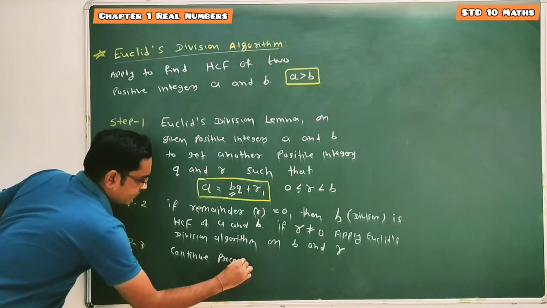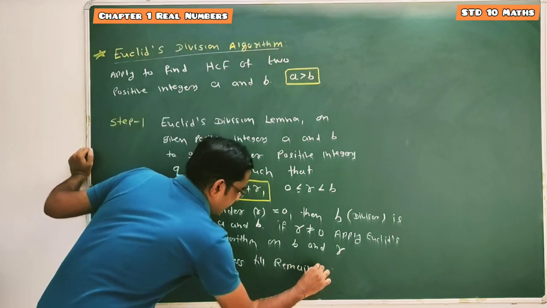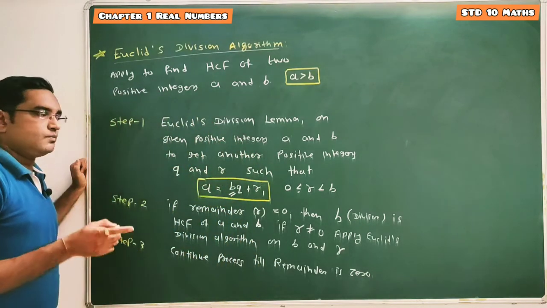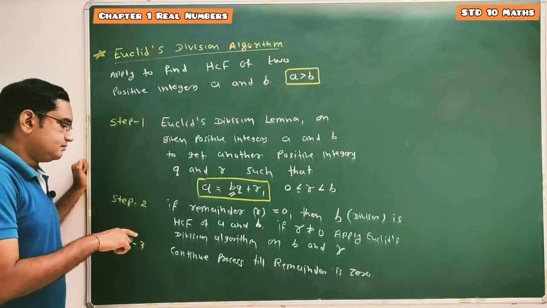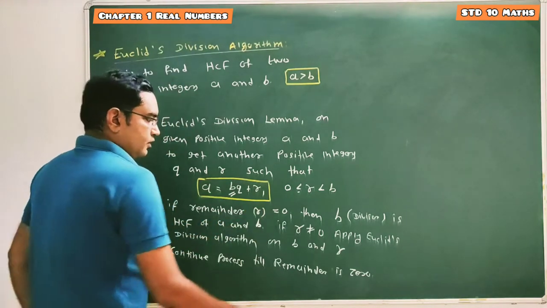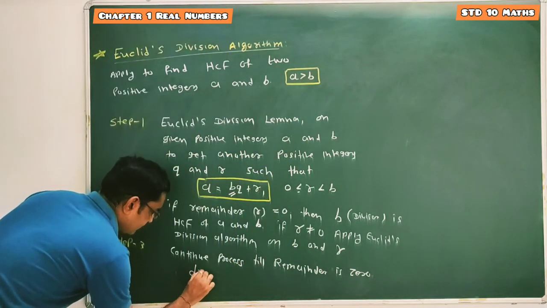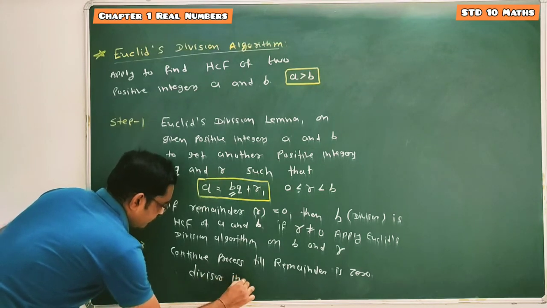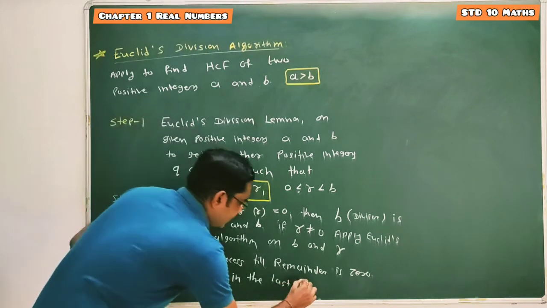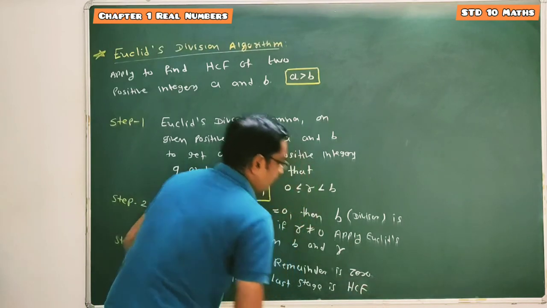Now step number 3: we have to continue the process till the remainder is 0. Until when do we have to apply Euclid's division algorithm? Until the remainder is 0. And when the remainder is 0, done, the step at which we are getting remainder 0, we can say the divisor in the last stage is the HCF of the given two numbers.